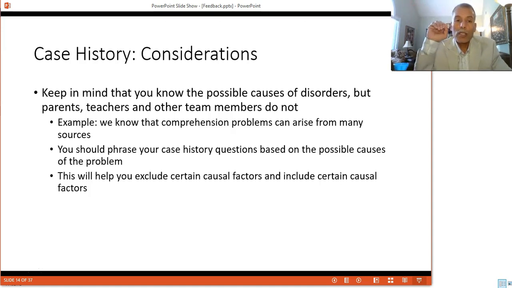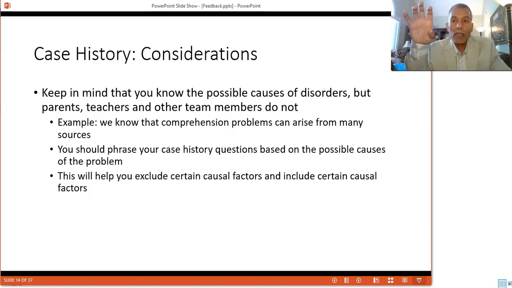All of these are concerns, and then we want to look in the history information that we collect. Is there anything to confirm that middle ear infections is a causal factor? Is there anything that will confirm that this and that is a causal factor, based on what you know as possible causes for comprehension or attention problems or memory problems and so on?